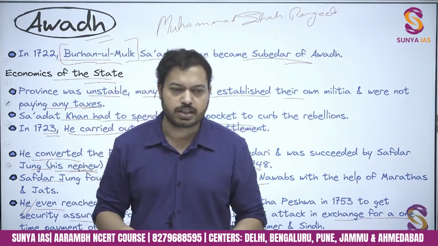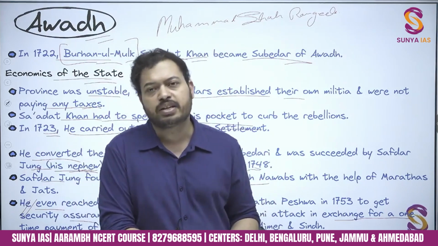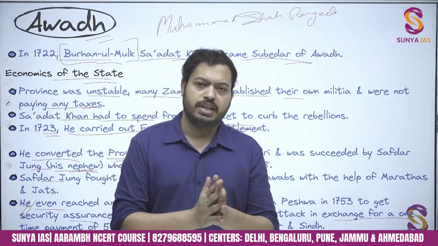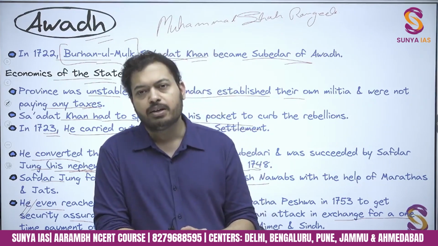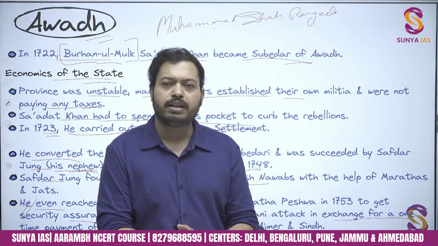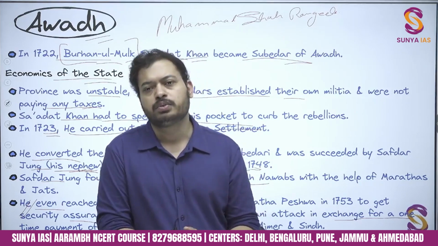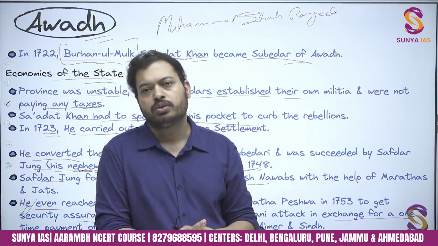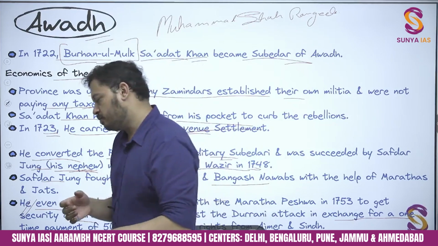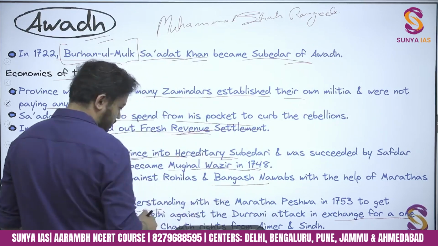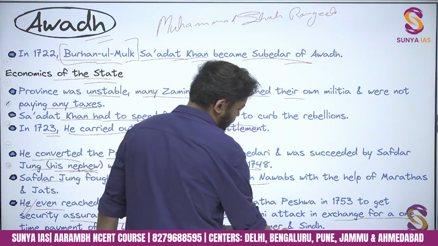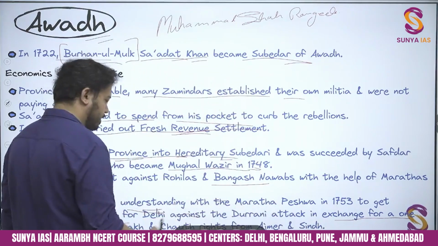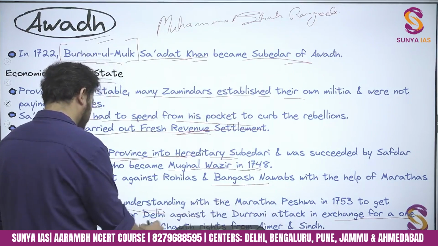Although let me tell you that the understanding which Safdar, as the Prime Minister of the Mughal Empire, reached with the Marathas was that, look, the Mughal Empire will allow the Marathas to collect tax from Ajmer, Agra, and regions of Sindh, and will provide 50 lakh rupees in cash.